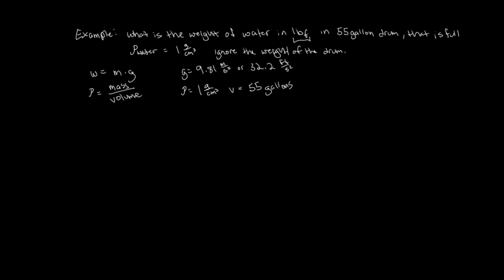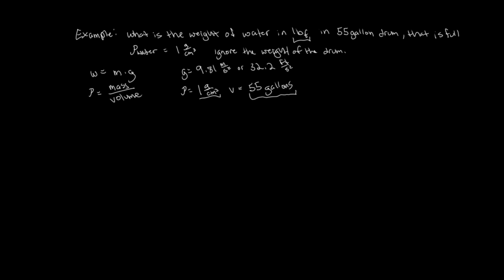First off, anytime we have an equation like this, as long as we can get everything but one, we can solve for the one that we're missing. So we know we have a density, we know we have a volume, we don't have a mass. And we're going to solve for mass. But first we've got to get these units to where they'll actually cancel and they're usable.